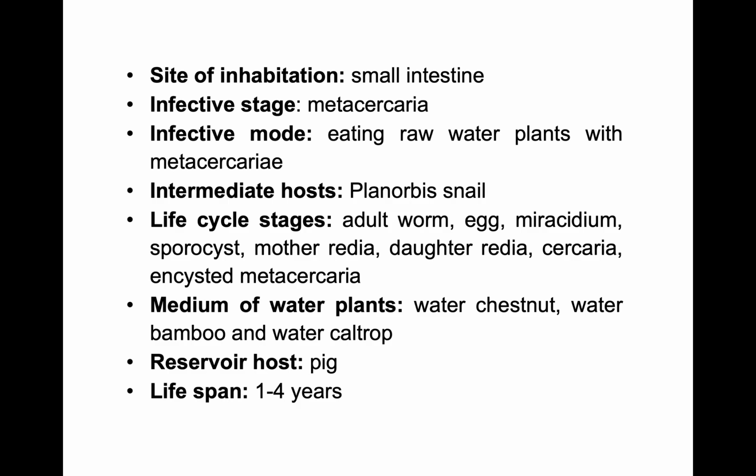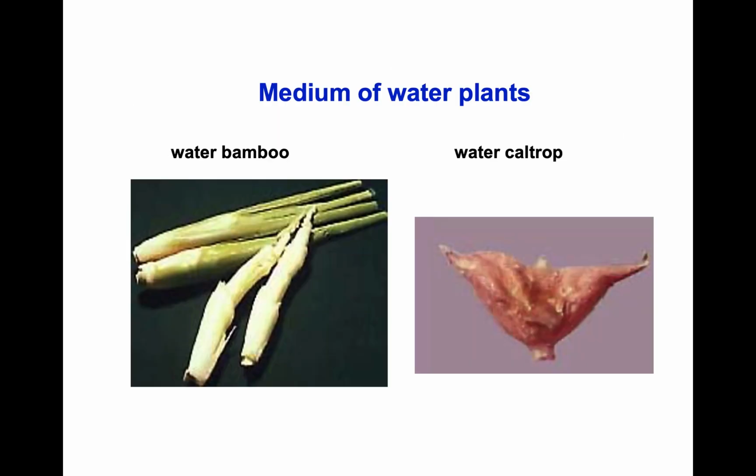Some of them you can find in Zhejiang province. So that is one of the reasons why this Fasciolopsis buski is prevalent in this province. And the reservoir host is the pig, and the worms live a lifespan of 1 to 4 years.